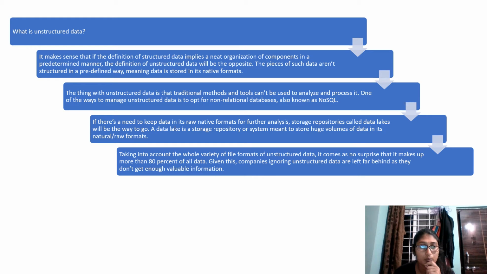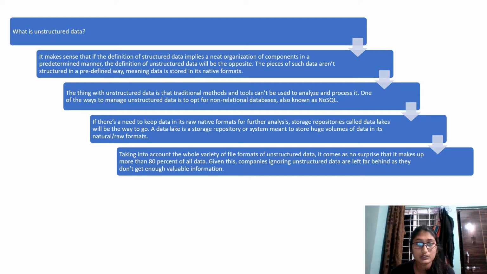One way to manage unstructured data is to opt for non-relational databases, known as NoSQL. If there is a need to keep data in its raw native format for further analysis and storage, data lakes will be the way to go.